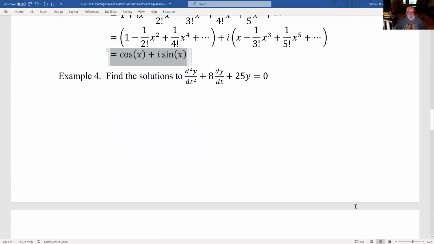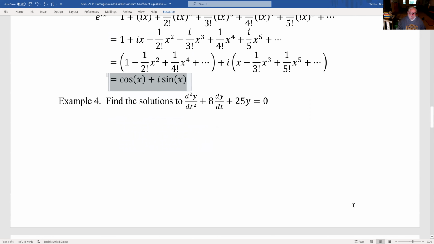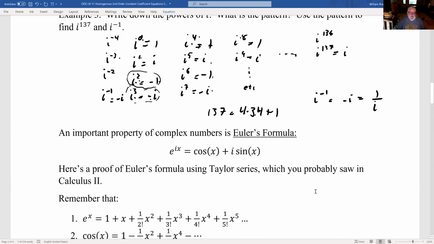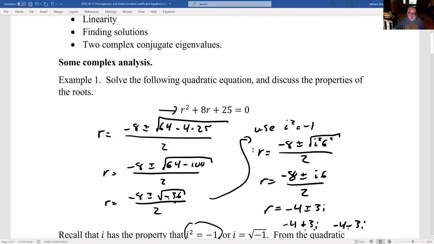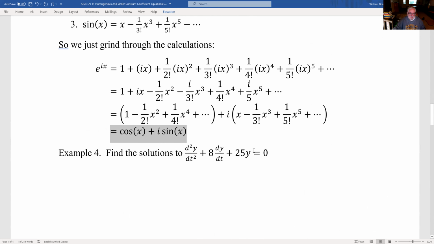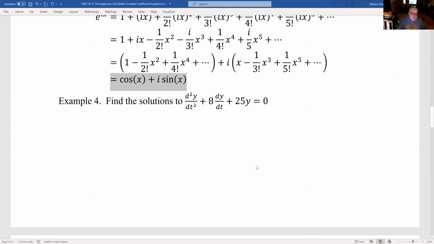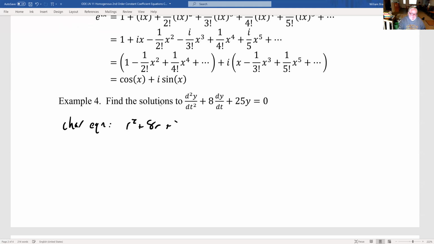So we want the solutions to this differential equation. I think we solve that equation, r squared plus 8r plus 25 up there. So our characteristic equation is r squared plus 8r plus 25 equals 0.